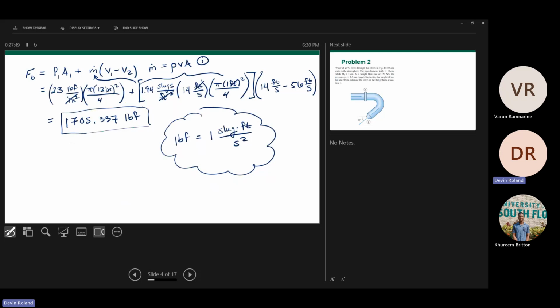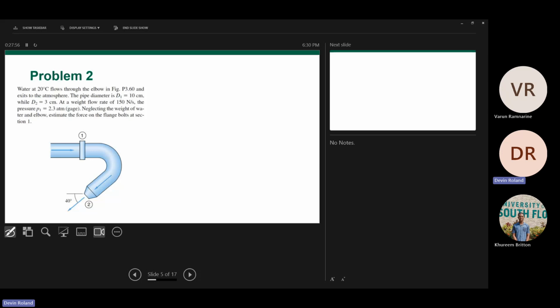Do you have any questions about how I did that? Okay, cool. So this one's pretty similar. Problem number 2. Again, we have water at 20 Celsius. Again, this is atmosphere, so we're going to see that gauge pressure thing pop up again here.